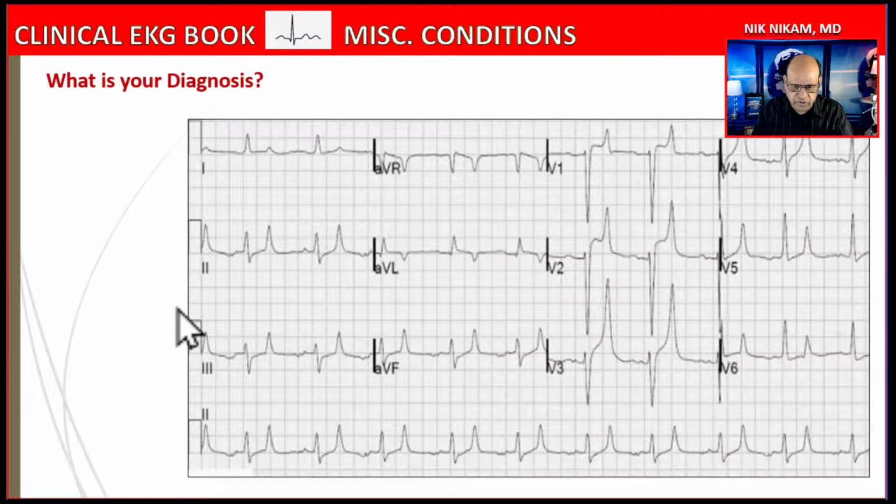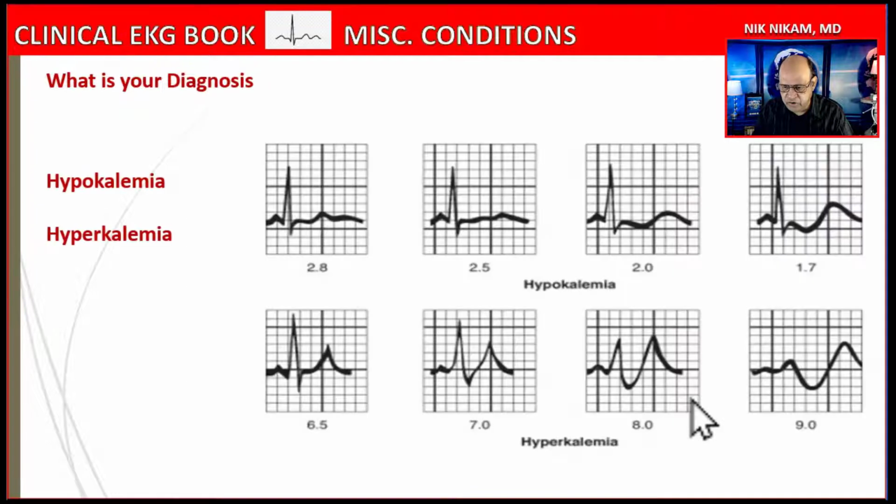Let's move on to, what is your diagnosis here? Okay, we are seeing tall peaked T waves, and there is some ST elevation, but that's not significant enough. But the thing is, it is like 20 millimeters of tall peaked T waves. So going back to this chart, we are looking at a serum potassium level of 7 or something like that.